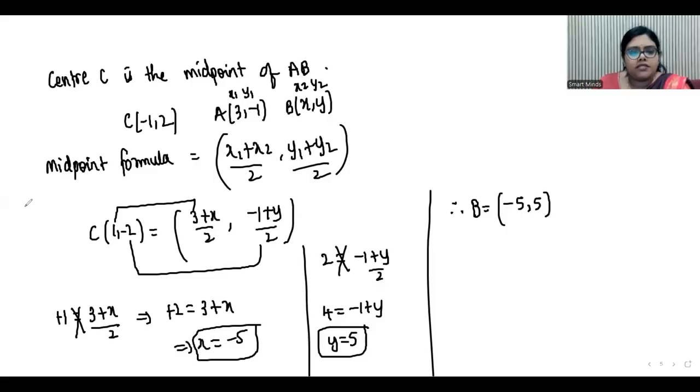So 2 minus 3 is minus 1. And here this is minus 2, so this is minus 4. Minus 4 plus 1 is minus 3. So what is the B point? B point is (-1, -3).